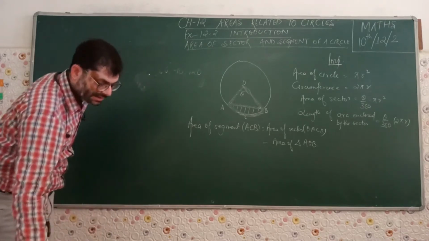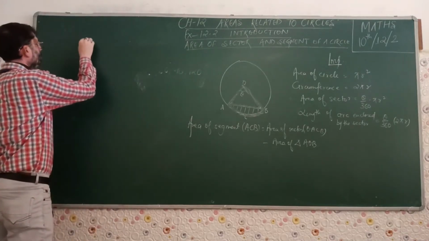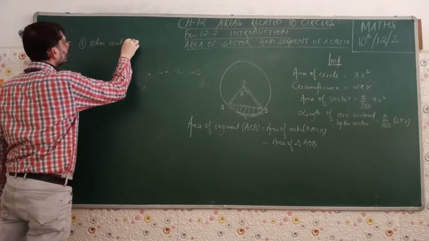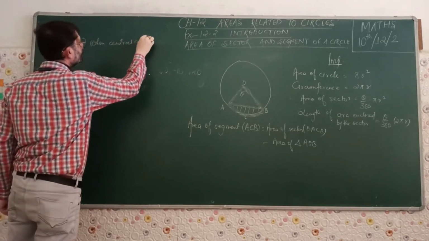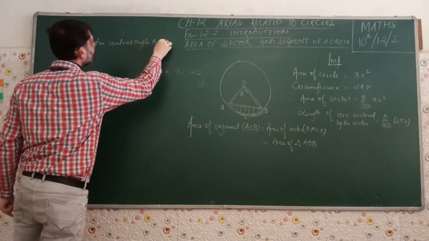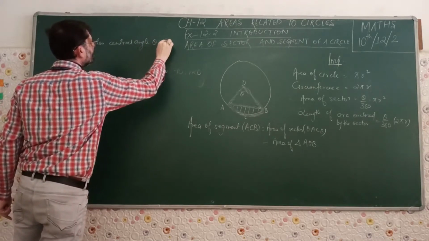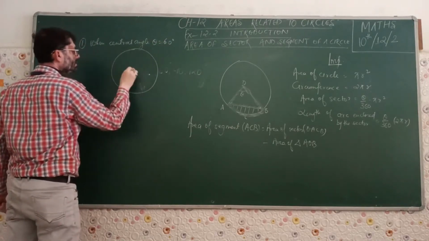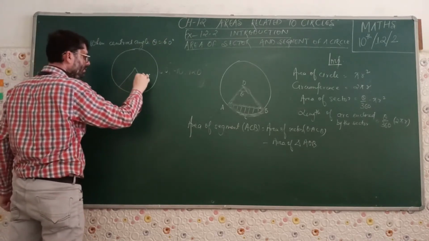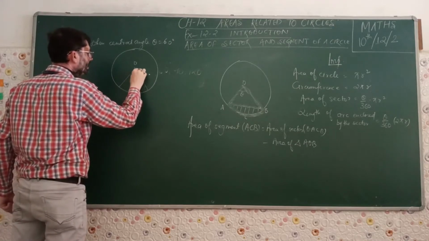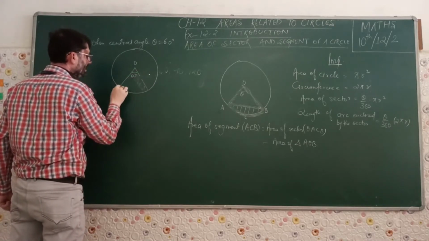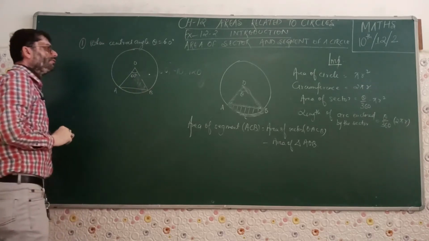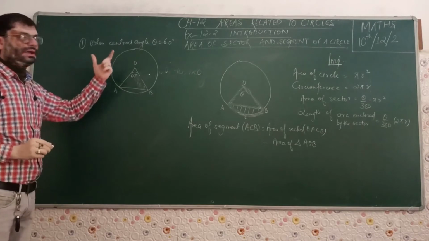Number one, when the central angle theta is 60 degree. That means, suppose this is a circle with center O and this angle is 60 degree, and if you join and make the chord AB. Now just observe the triangle AOB.